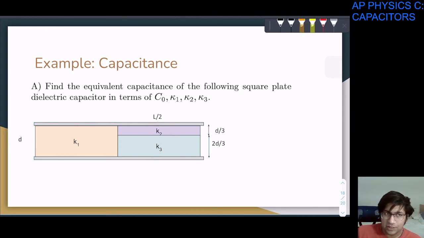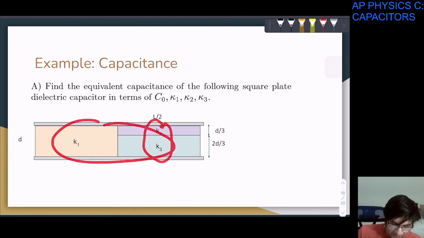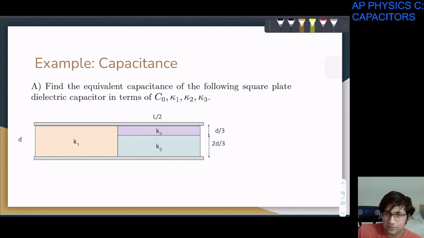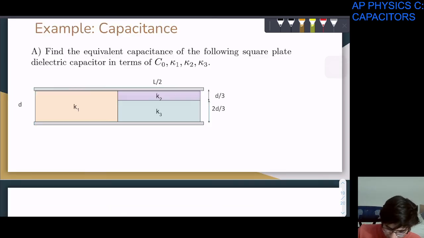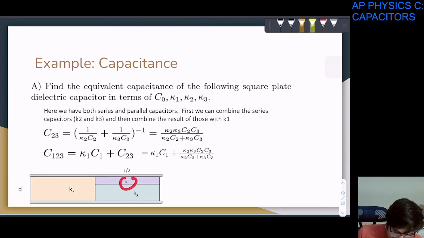Does that make sense? So we first reduce this into one thing, and then we reduce both of these into one thing, and then we essentially have just one capacitor that we can solve for. So if we combine this K2 and K3, I'll start saying K instead of kappa, the equivalent capacitance is given by, remember, 1 over C1 plus 1 over C2.